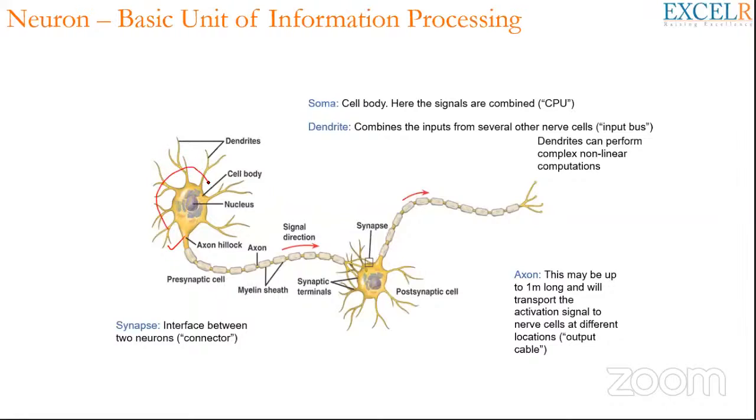These are called dendrites, and this cell body is called the soma. The information that the cell receives through these dendrites gets accumulated in the cell body here. And once the accumulated information, the input signals, passes a threshold limit, then the signal gets fired through the axon like this.